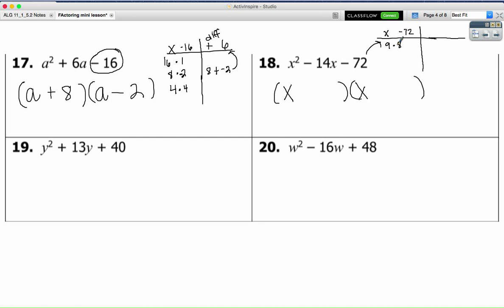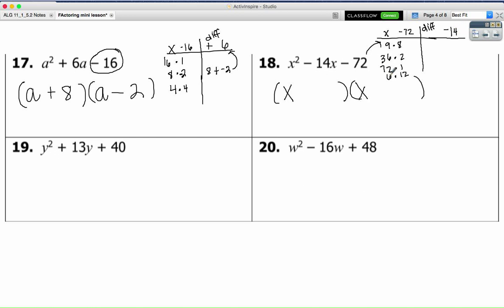Seeing if there are any other combinations, 72 divided by 2, so 36 and 2. Obviously 72 and 1. 72 divided by 6 is 6 and 12. So there's several different combinations here that could multiply to give us a negative 72. Keep in mind one of these has to be negative. But which of these would have technically a difference? We can call it a sum, but they're opposite numbers. But which would have a difference of negative 14?